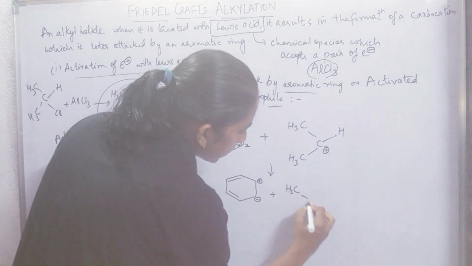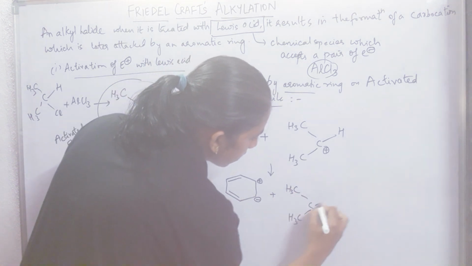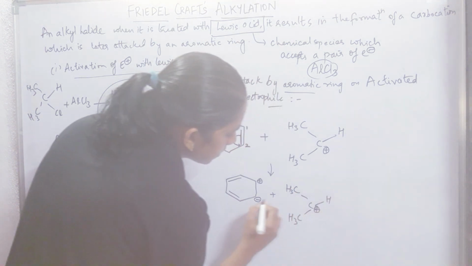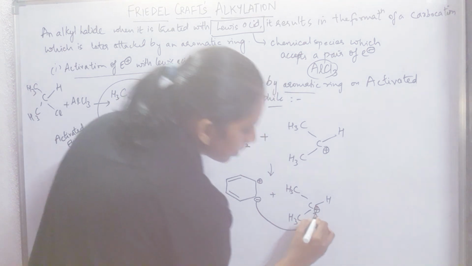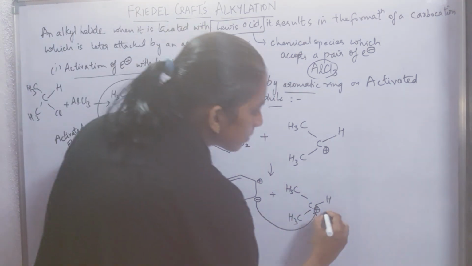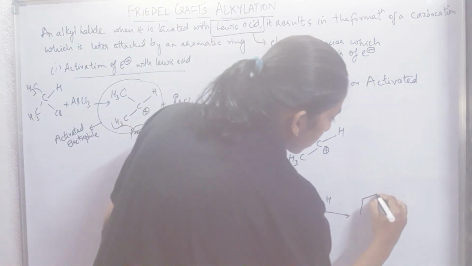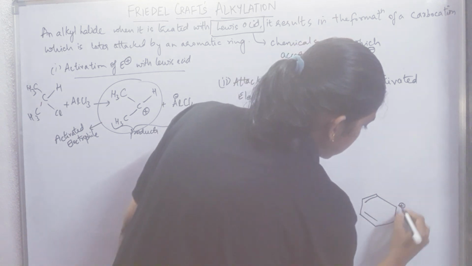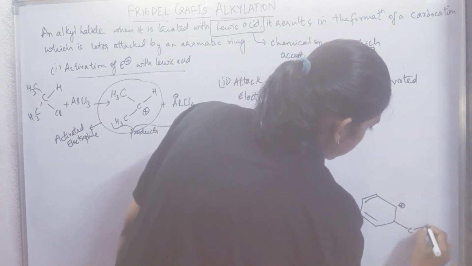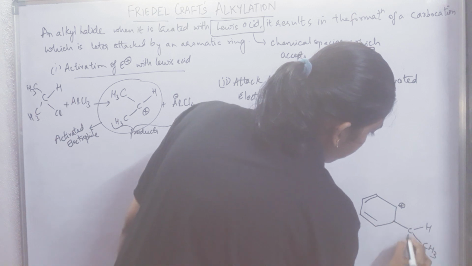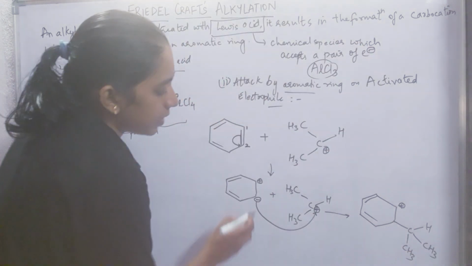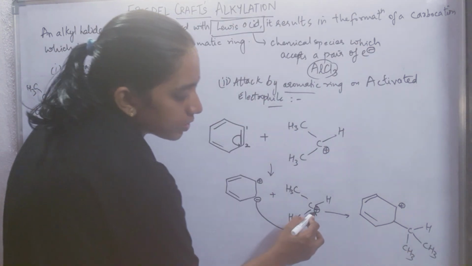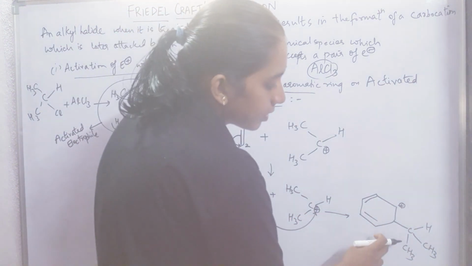And then this negatively charged carbon will attack this carbocation and give us a structure like this. This negatively charged carbon attacks the positively charged carbon, giving us a structure like this.